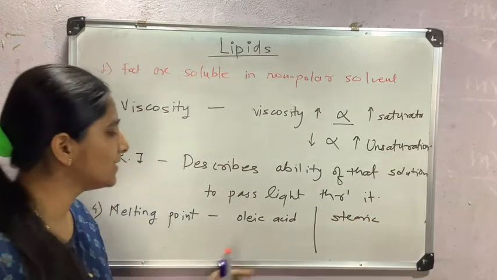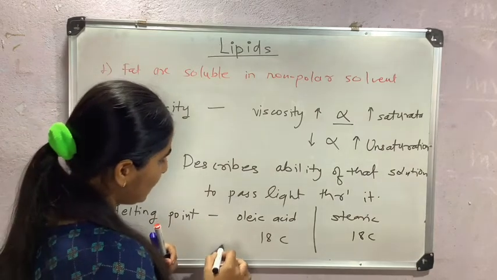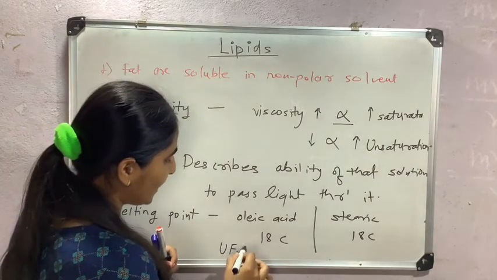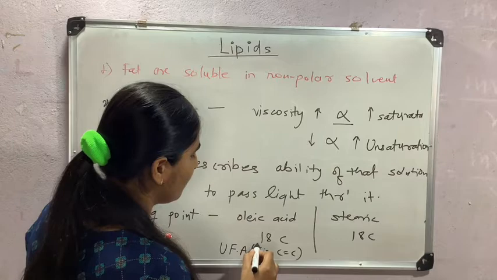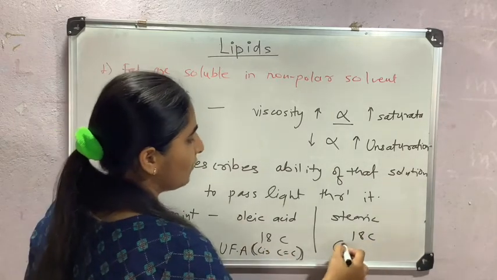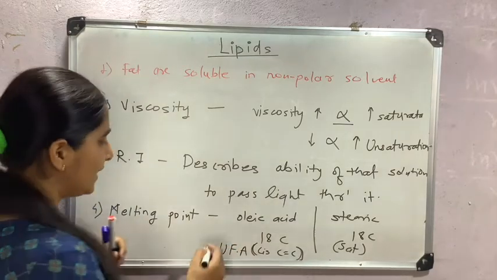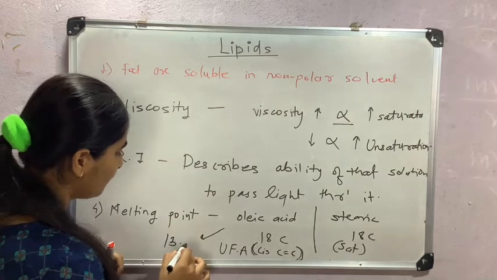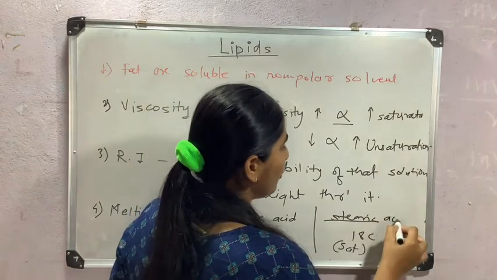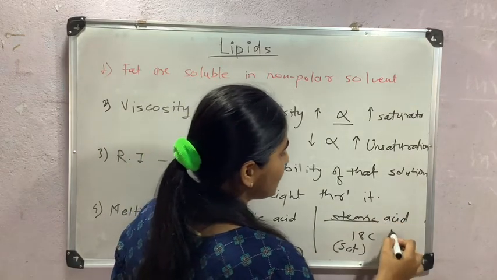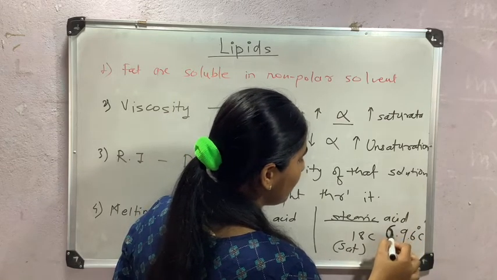Both are 18-carbon fatty acids, but oleic acid is an unsaturated fatty acid with one cis carbon-carbon double bond, and stearic acid is a saturated fatty acid. The melting point of oleic acid is 13.3 degrees Celsius, and the melting point of stearic acid is 69.6 degrees Celsius. Remember this.